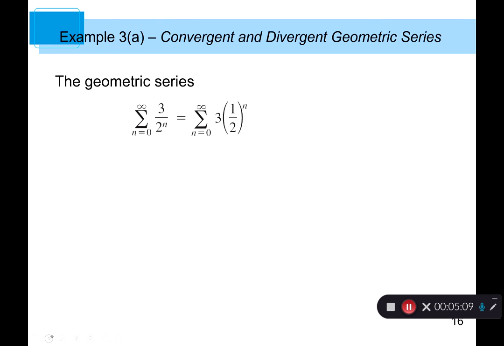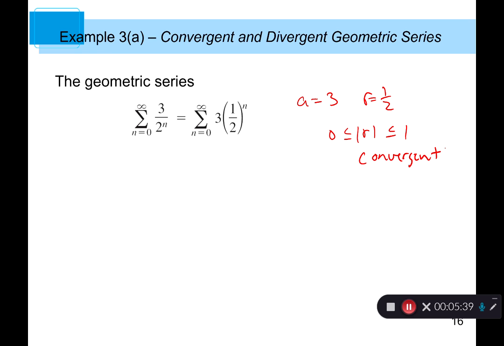So for example, this series right here, my a equals 3, my r equals 1/2. So what conclusion can we make about convergence or divergence? We can make the conclusion that the absolute value of r is in between 0 and 1. Therefore, it is convergent.